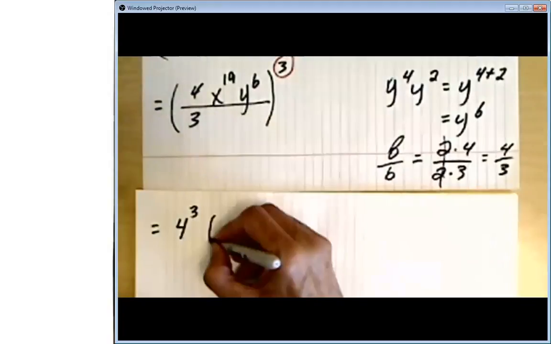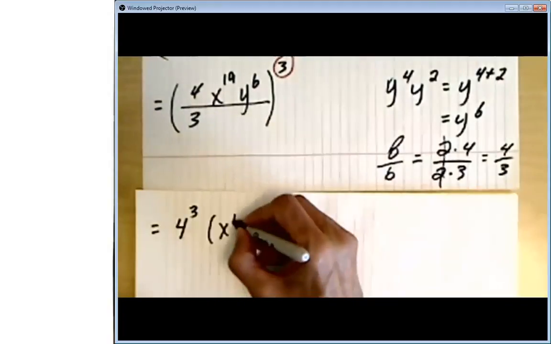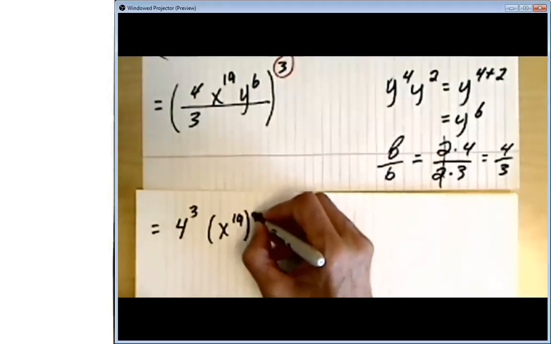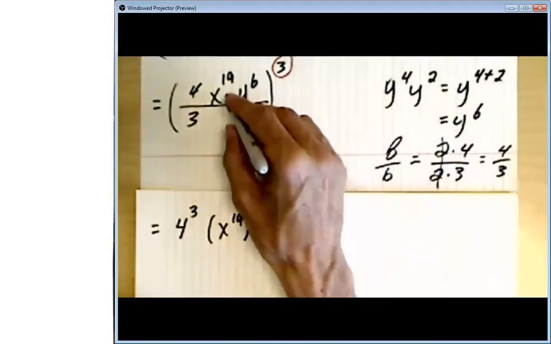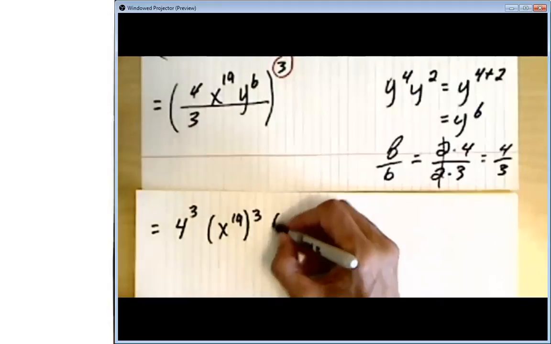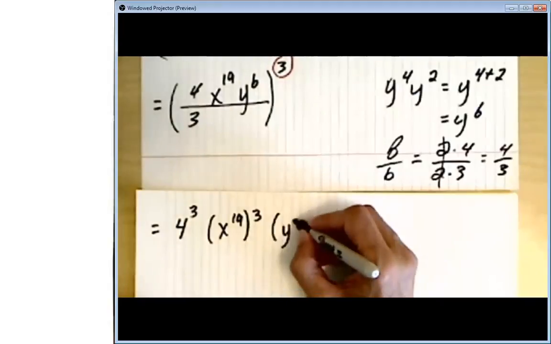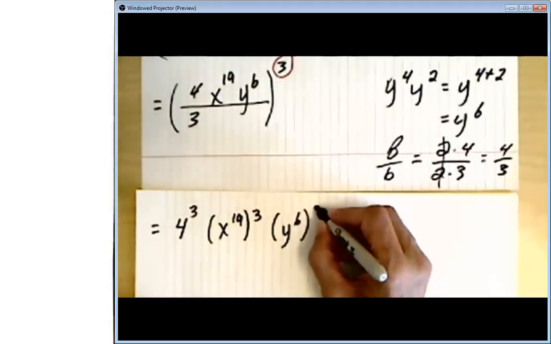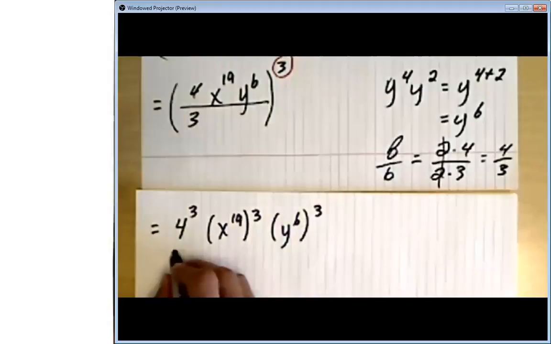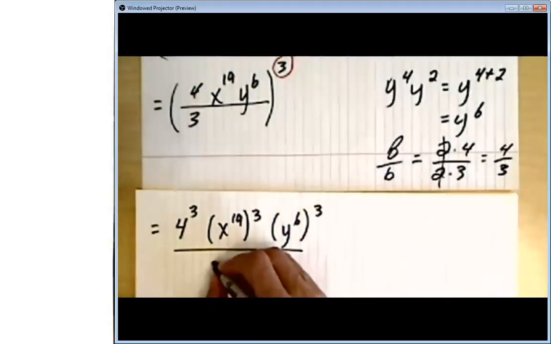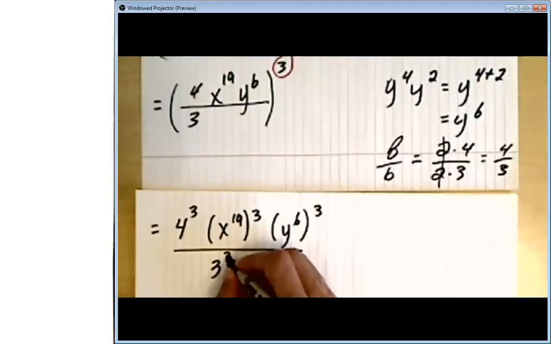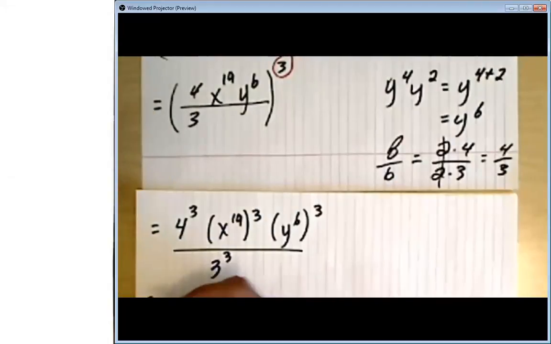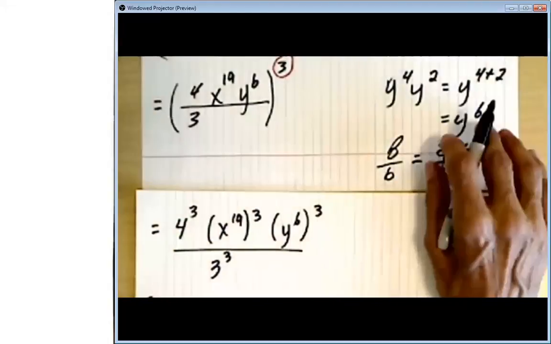I'm going to use brackets and do all the thinking in the next step. That x to the 19 gets the 3, and y to the 6 gets the 3. See, everything, right? It's almost like copying. The 3 goes to everything on the inside there.